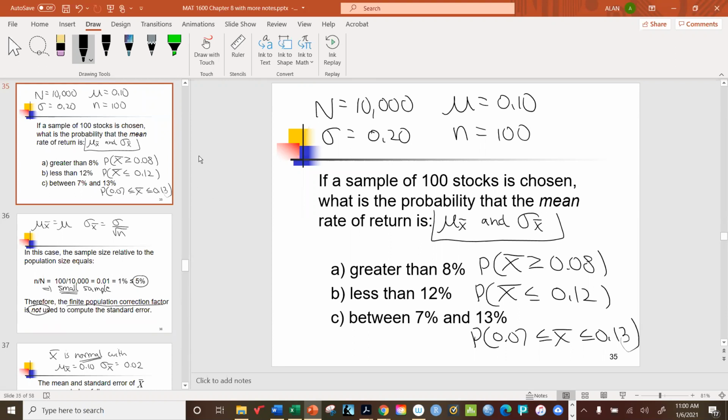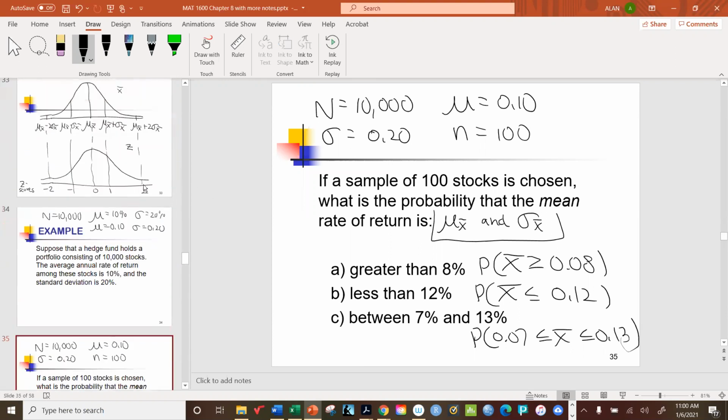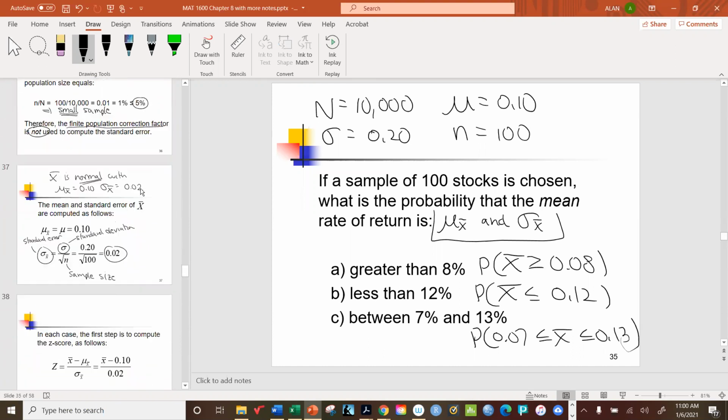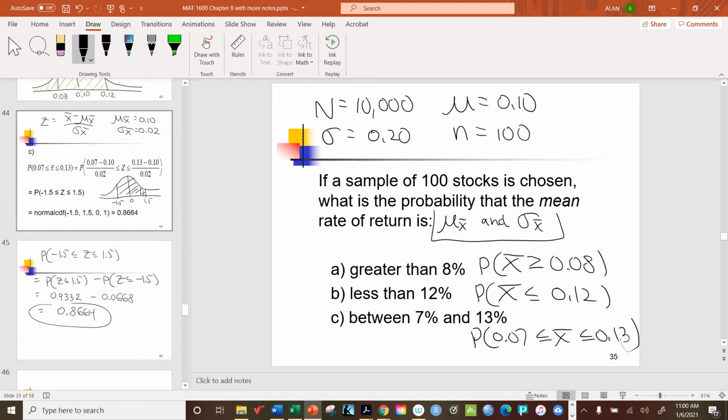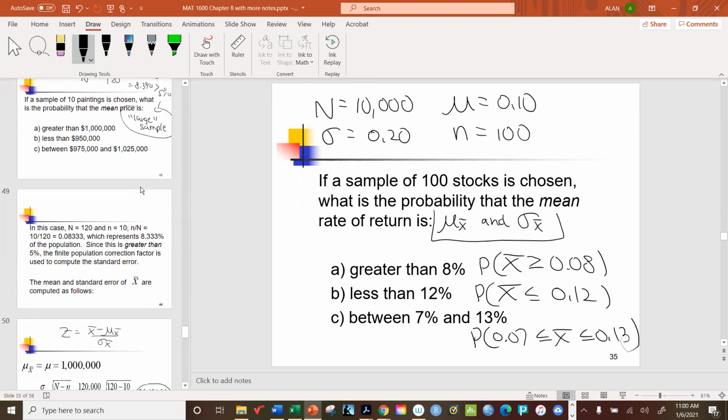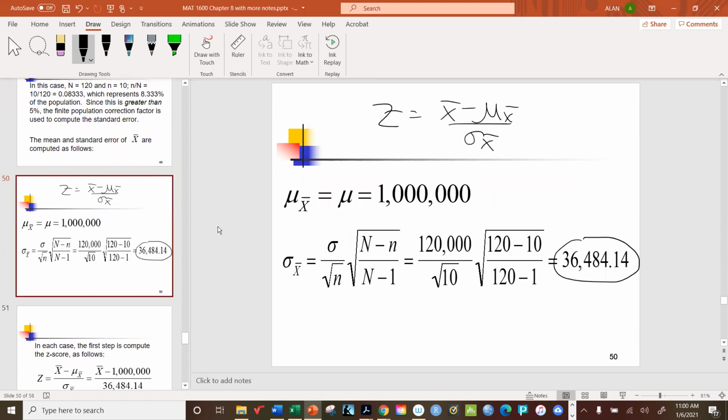Oh, yes, the 36. All right, let me go back to that. That was the result of using the finite population correction factor, and that is shown right here. So in other words, the standard error of X bar here is, this is the formula that we use for a large sample. You need the standard deviation of the population. You need to divide by the square root of the sample size.